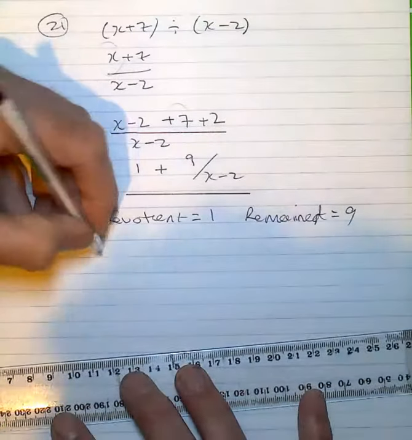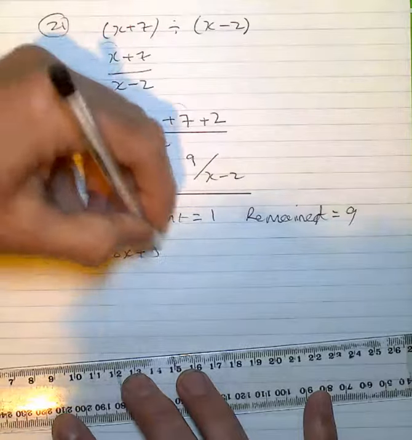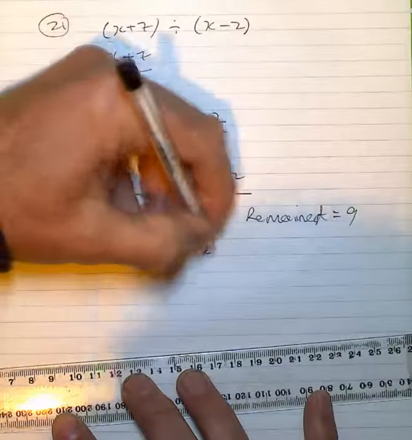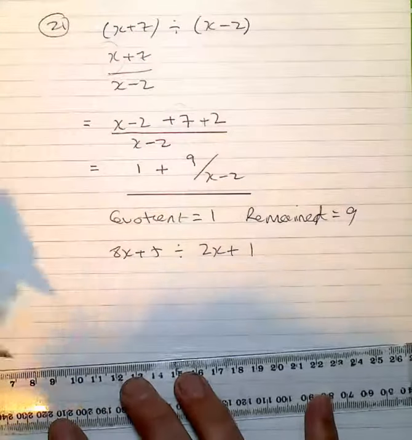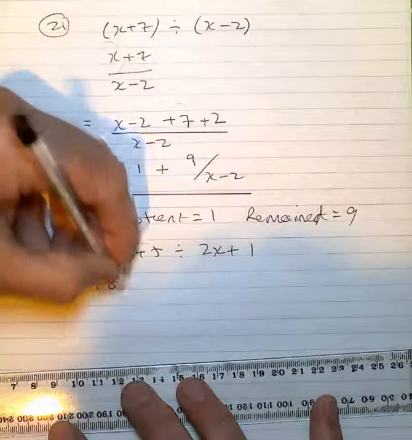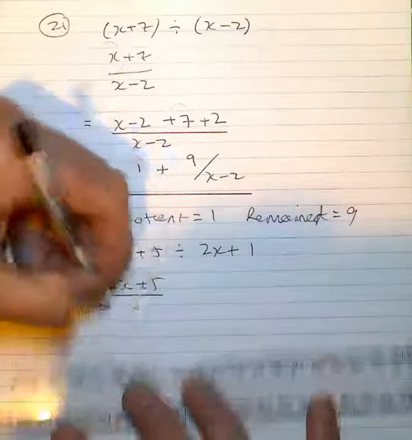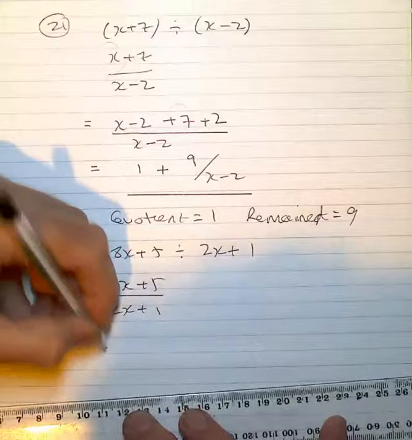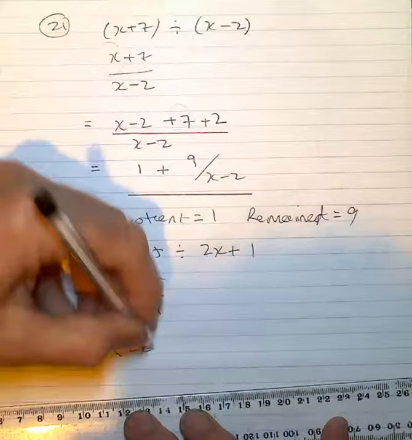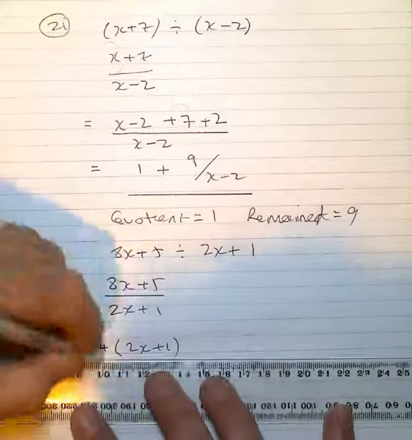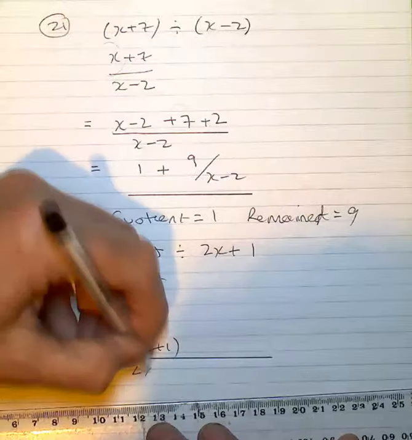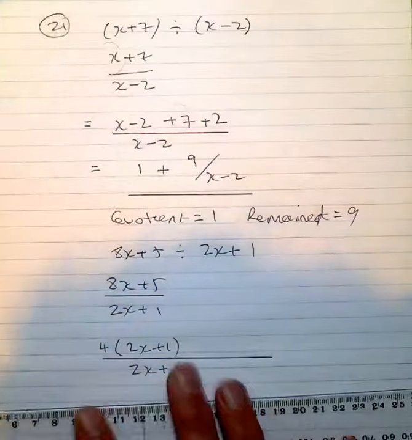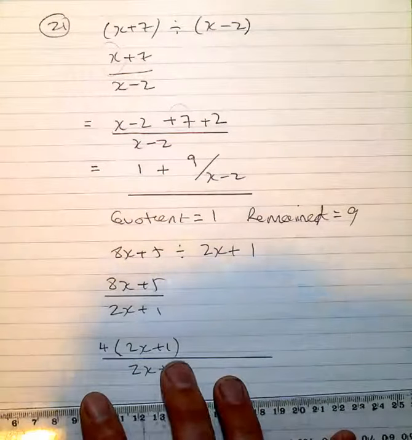Now in the next part, you've got 8x plus 5 divided by 2x plus 1. Now when I write that one, 8x plus 5 divided by 2x plus 1, you only need on the top line 4 lots of 2x plus 1 to give me the 8x. And when I expand that, that's plus 4.